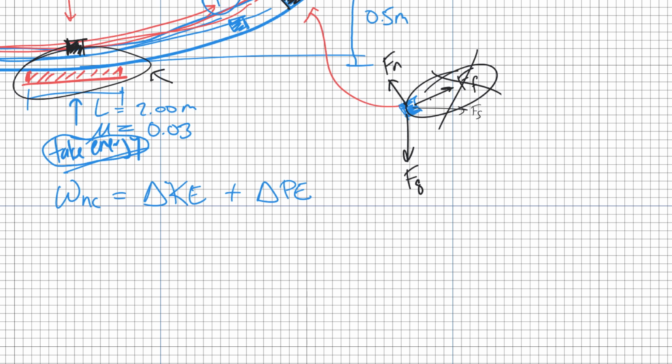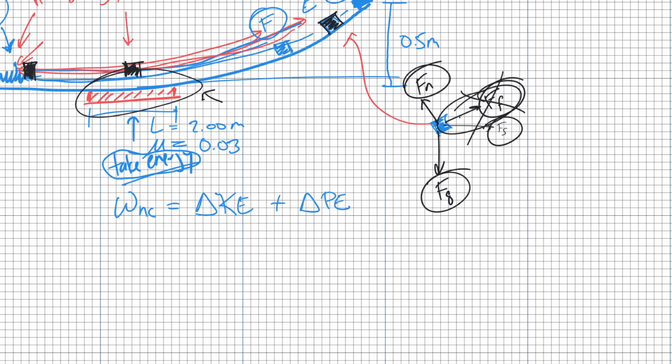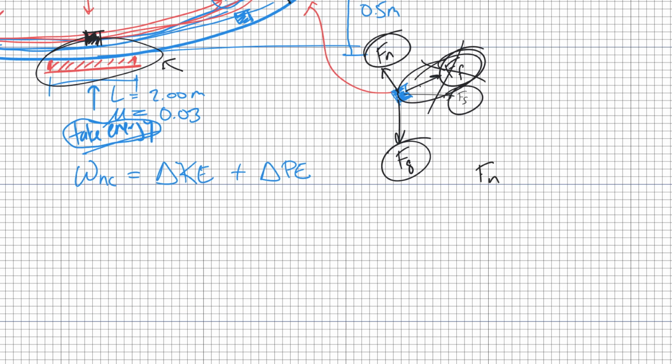The point is I want to think about the forces that I have to deal with. So I've got a normal force, a spring force, a friction force, and a gravitational force. All right? Now that I know these are the 4 forces I'm dealing with: normal, friction, spring, and gravity. Okay, those are my 4 forces.